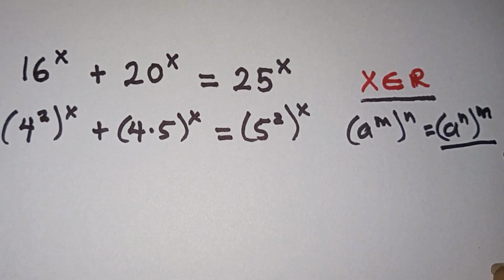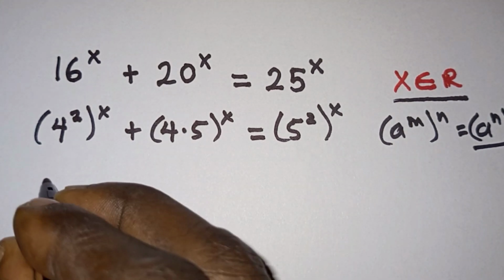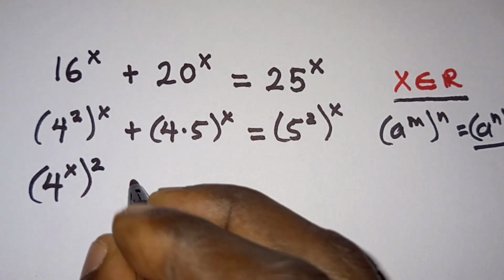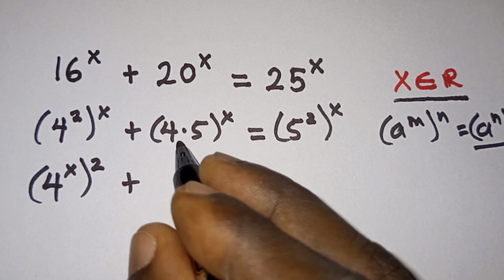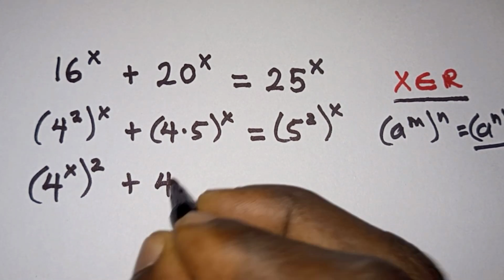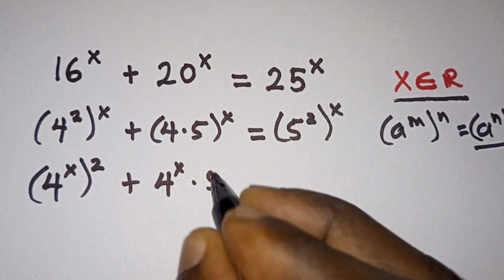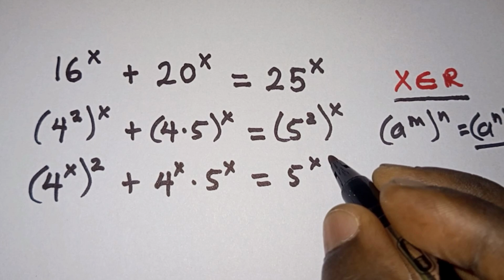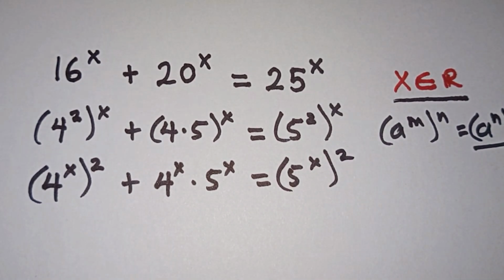This is very important. So from here we can write it as 4 to the power x all to the power 2 plus 4 to the power x times 5 to the power x, and this is equal to 5 to the power x all to the power 2.